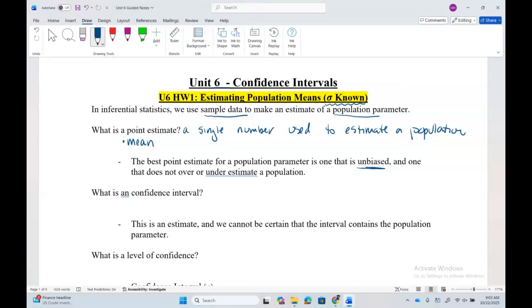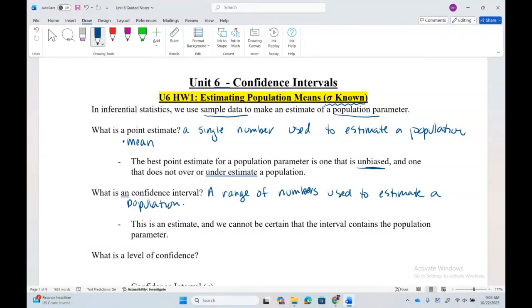Okay, a confidence interval is a range of numbers used to estimate a population. It can look like an inequality or an interval.